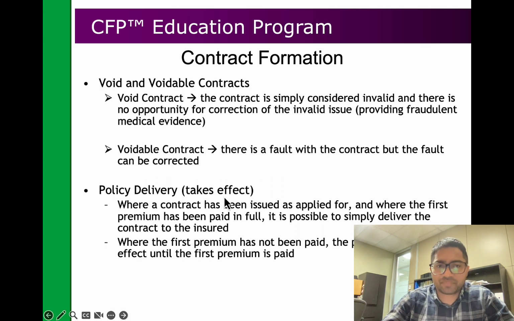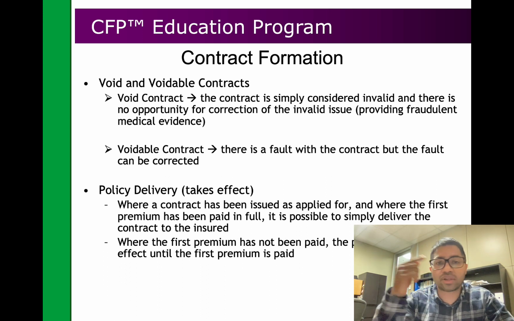Policy delivery. So what is policy delivery? It takes effect when the contract has been issued as applied for and when the first premium has been paid in full. It is possible to simply deliver the contract to the insured. Policy delivery means when does the policy start?